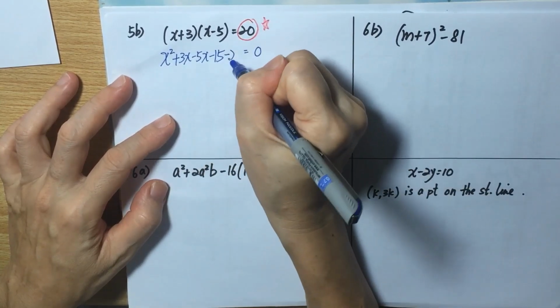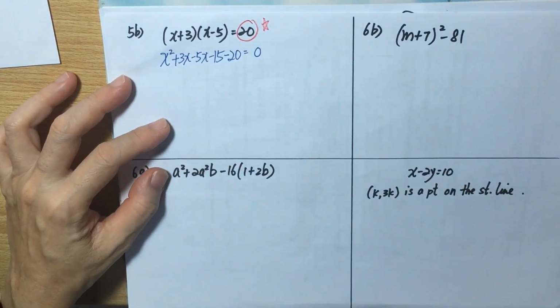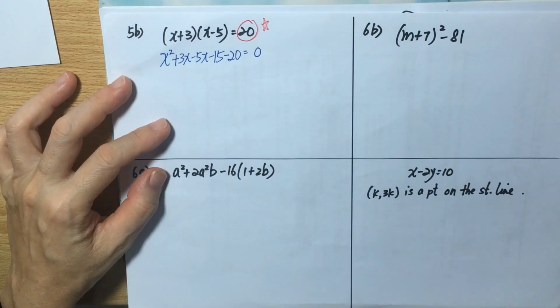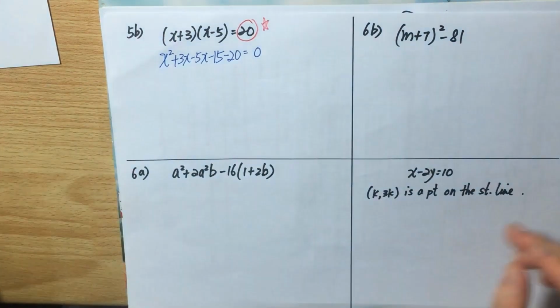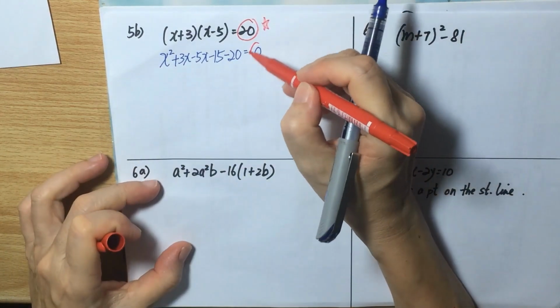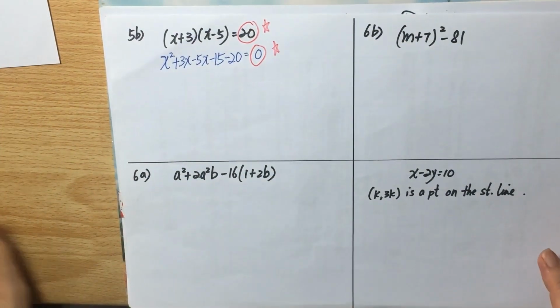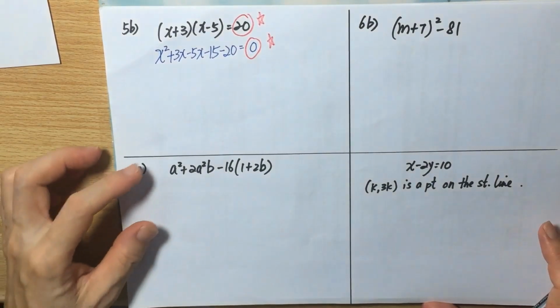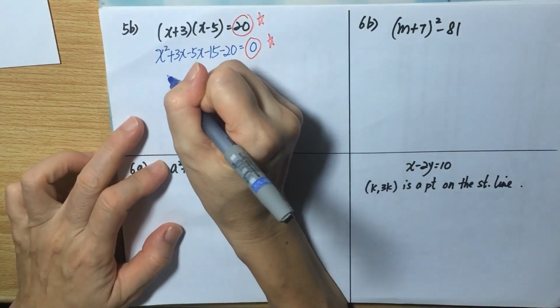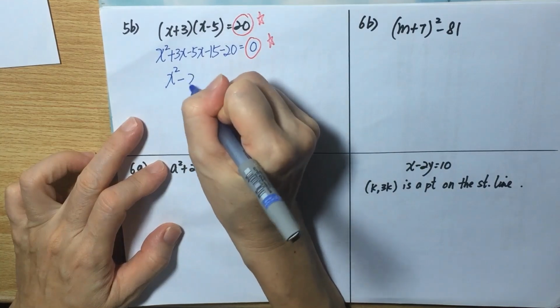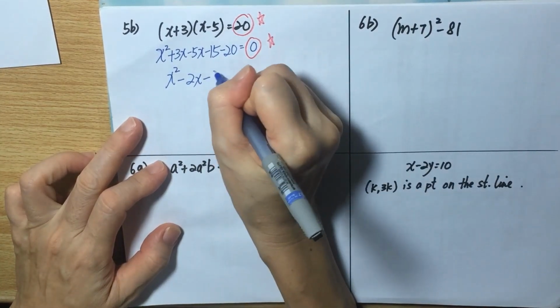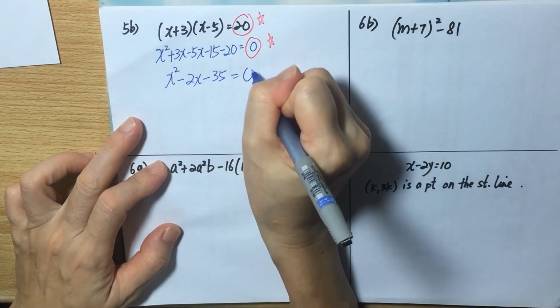And then I subtract the 20 from both sides, so that the 20 goes over to the other side. So now we get 0 on one side. So we're going to use factor law. We're going to have x squared minus 2x minus 35 equals 0.